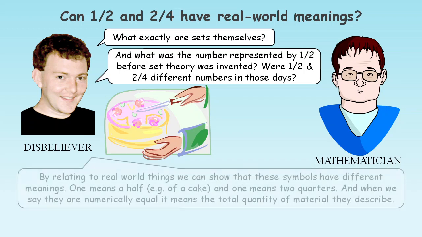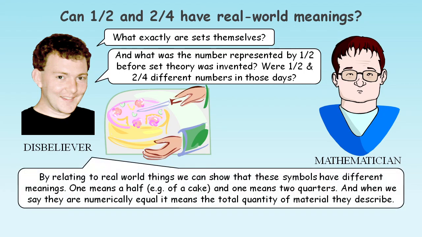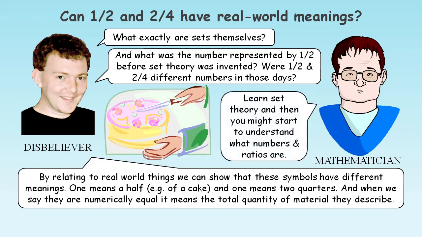We might suspect that numbers were meant to represent physical quantities in those days, and so half of a standard cake and 3/4 of a standard cake could be said to be equal based on the quantity of cake they contain. But we'll be told that people were mistaken about lots of things in the past, and now we need to go away and study set theory until we see the light.